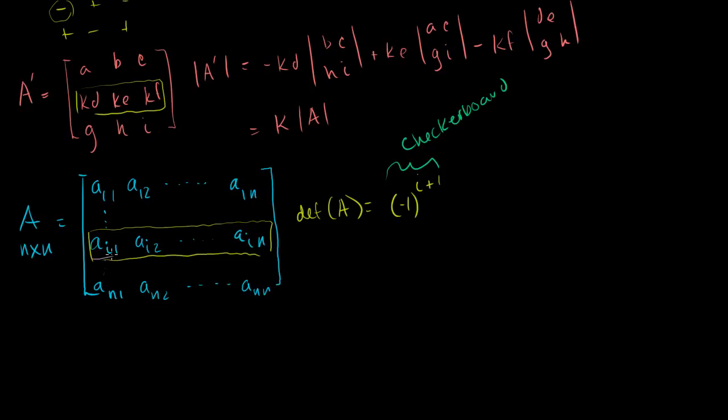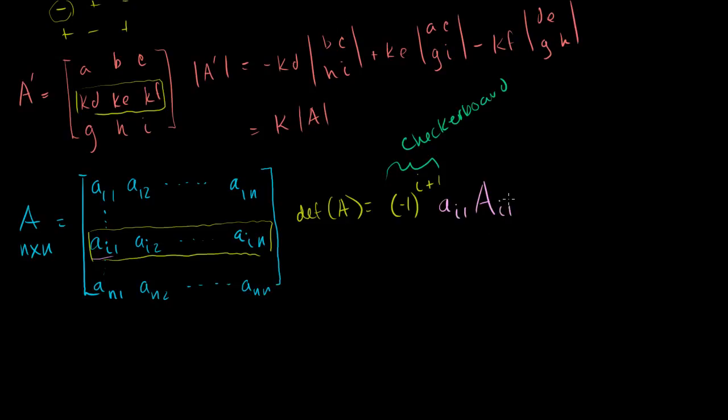So times Ai1, the coefficient. And then times this guy's submatrix. And you remember the submatrix. You get rid of this row and this column. It's going to be everything that's left over. So times that submatrix of Ai1.